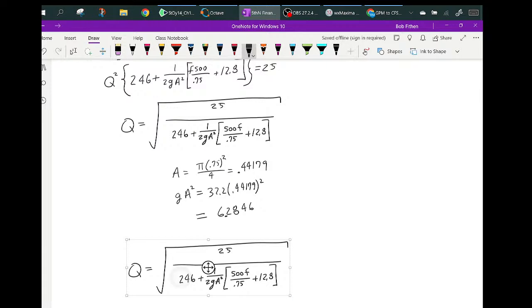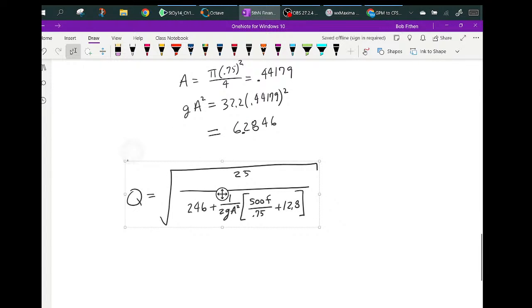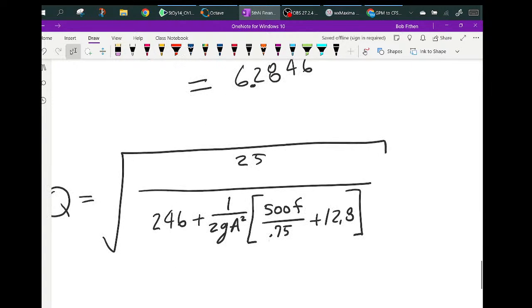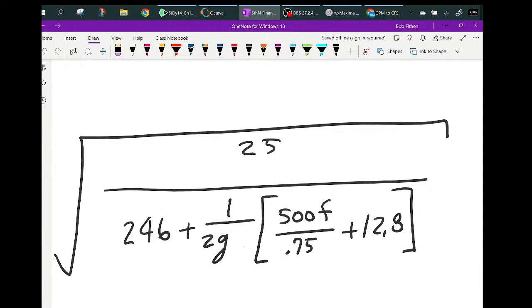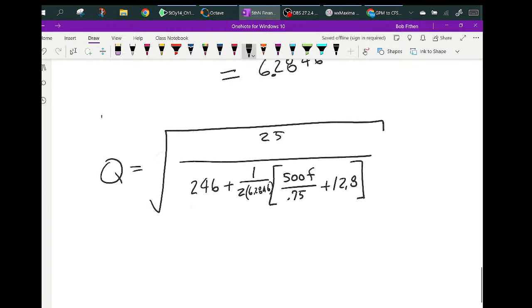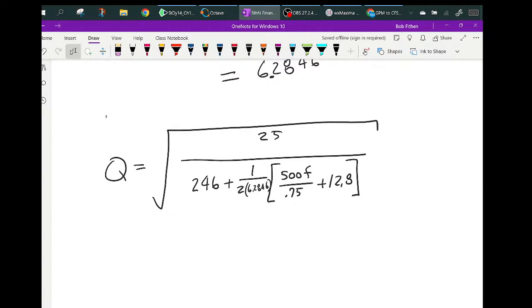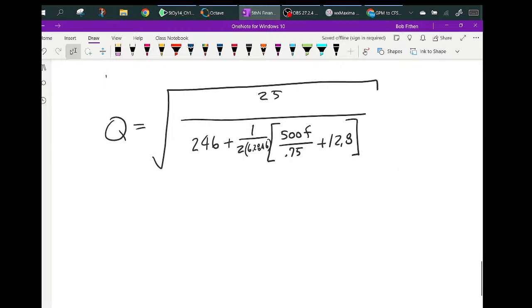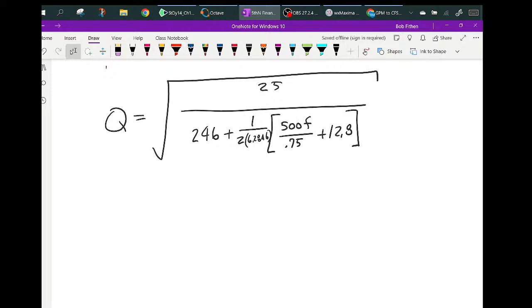Okay, so what I'm going to do. I have an equation. If I'm given F, I can find Q. How do I sweep through this?